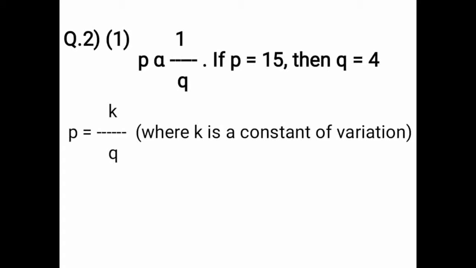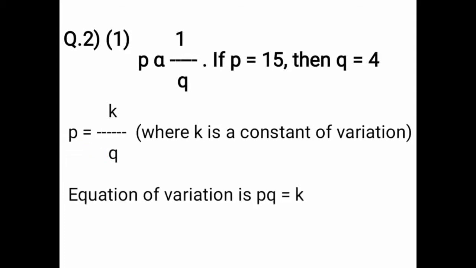When you are writing equation of variation form, cross multiply this. P into Q is PQ. So the equation of variation is PQ is equal to K. P value how much is given, Q value how much is given, write that. P is equal to 15, Q is equal to 4. You have to substitute the value of P is equal to 15, Q is equal to 4, in the equation of variation you already wrote here.